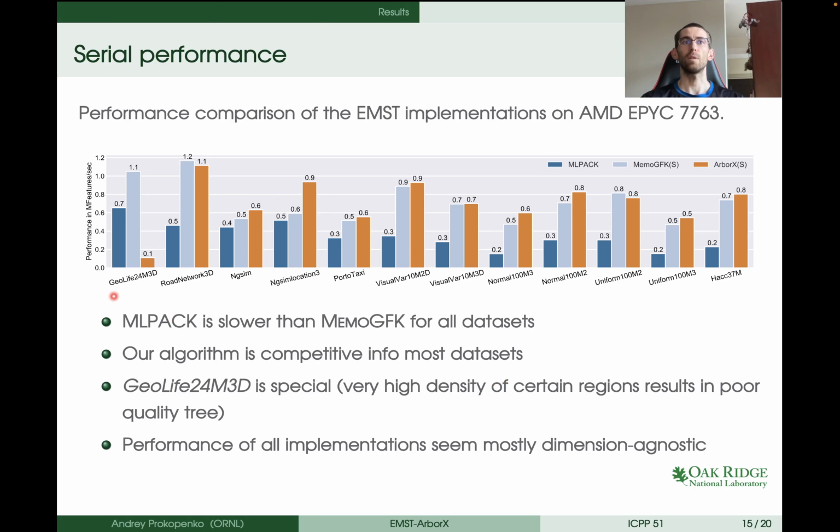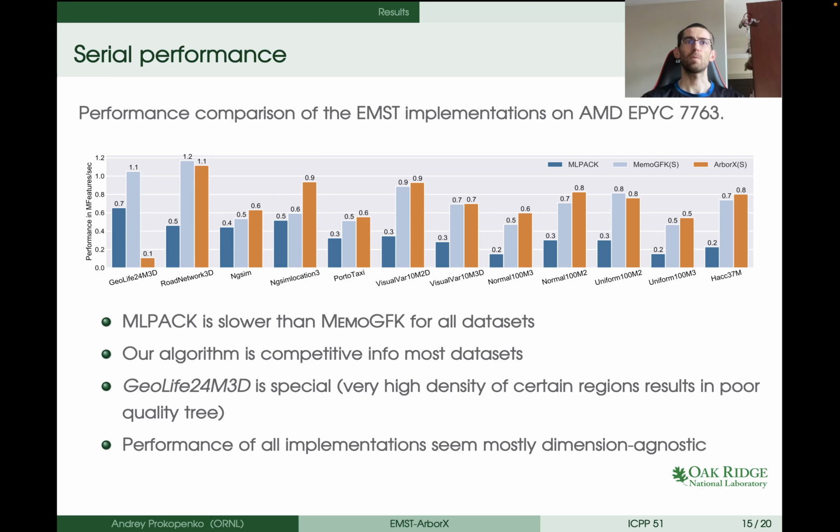the GeoLife 24 datasets. Just a brief note about this dataset is that it is a GPS dataset, and it has a peculiar property of some part of the data having a very large density, while other parts of the data are very spread out.